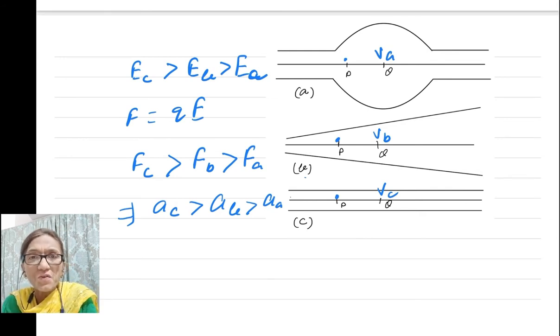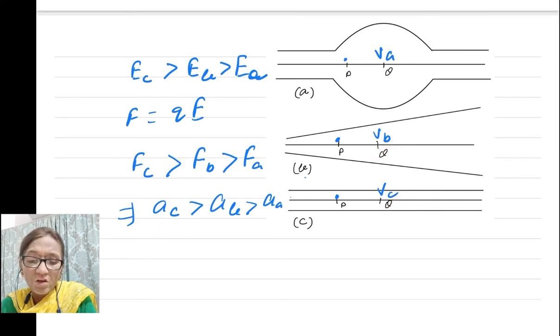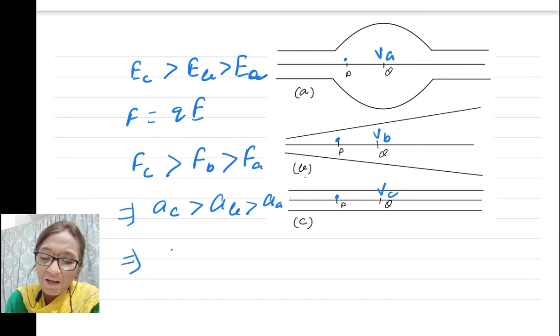So change of velocity will be highest in the case when acceleration is highest. Here Vc must be greater than Vb, because of the acceleration while going from this point to this point, the change of velocity will be highest.